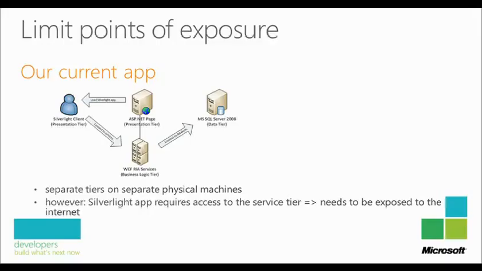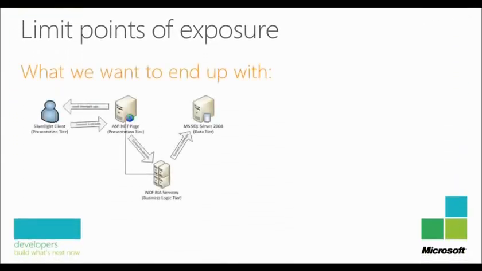So it's better than what you get out of the box, but if you roll out what I've just shown you, people can still break in quite easily. So what do we want to end up with? We want to limit the points of exposure to one point of exposure. We want to try to not expose our service host to the net anymore, even though typically WCF RIA services requires your service host to be exposed.